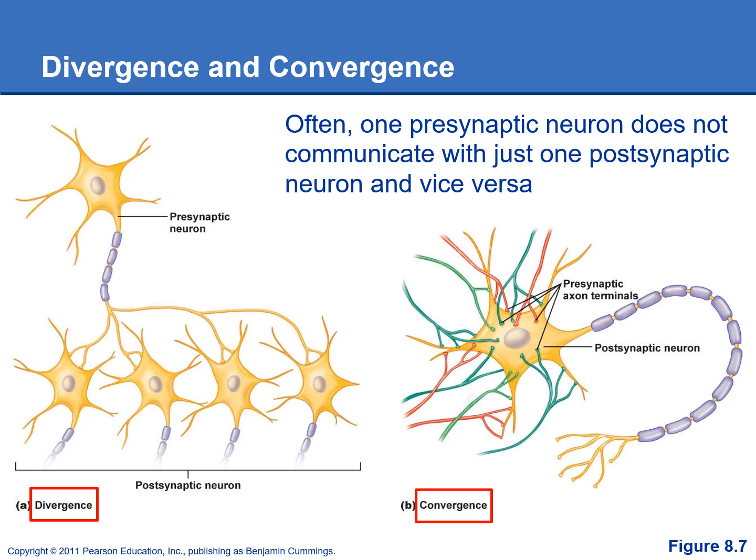And before we get to that, just one other idea. We have divergence and convergence. So these are important to know about as well. So one presynaptic neuron here often does not communicate with just one postsynaptic neuron and vice versa. So we have a picture of divergence on the left.